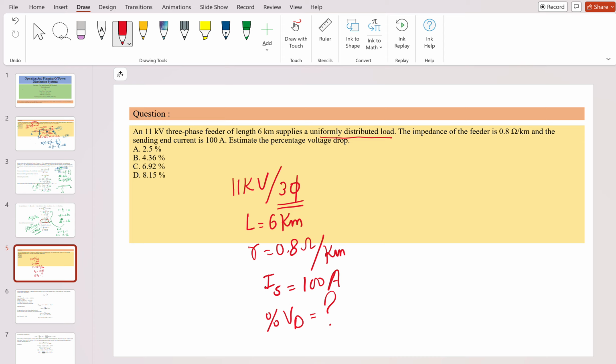Try to solve it, and after that I will give the solution and derive the exact value.